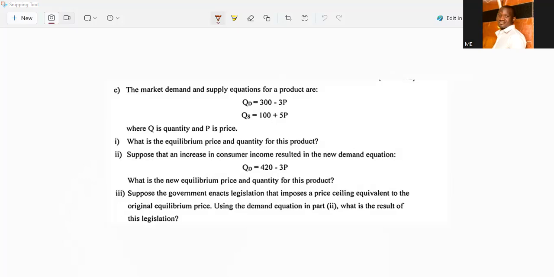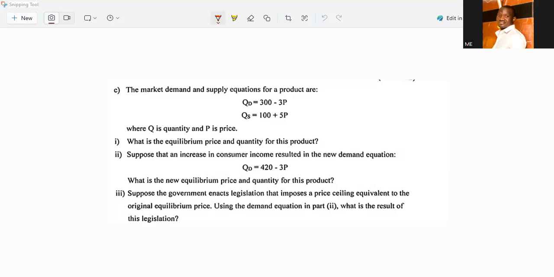So how do we know which one is the demand equation and which one is our supply equation? The demand equation is downward sloping, whilst the supply equation is upward sloping. Yes. So you can even tell from the signs there: the demand equation has a negative slope and the supply equation has a positive slope.